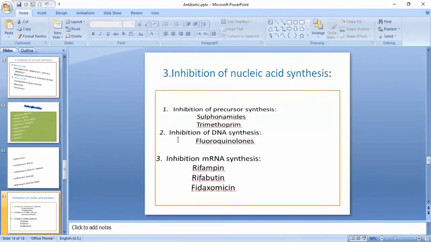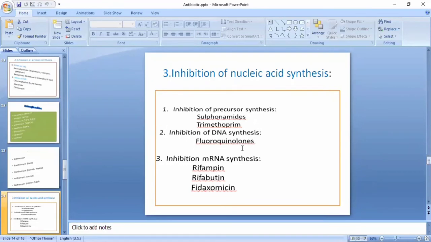So these are the nucleic acid synthesis inhibitors, grouped in three. However, the important one is the fluoroquinolones, which inhibit DNA synthesis.